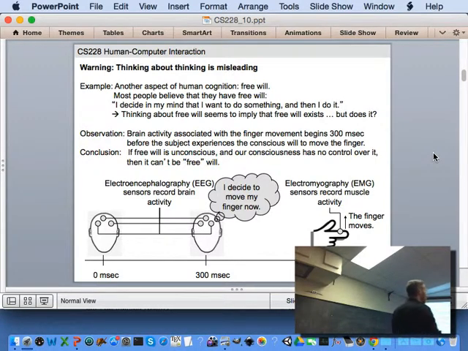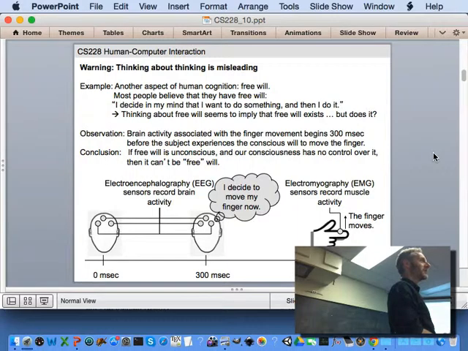Turns out, though, that there is another pattern that also associates with that pattern that would show up 300 milliseconds before I decided to move my finger. And that pattern was always there 300 milliseconds before I decided to move my finger, and it wasn't there when I didn't. Is that troubling? You all seem okay with this?